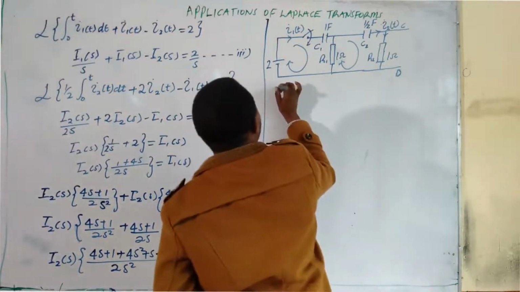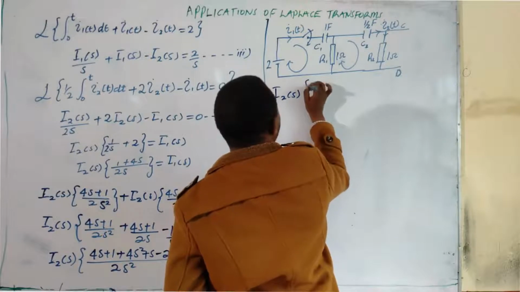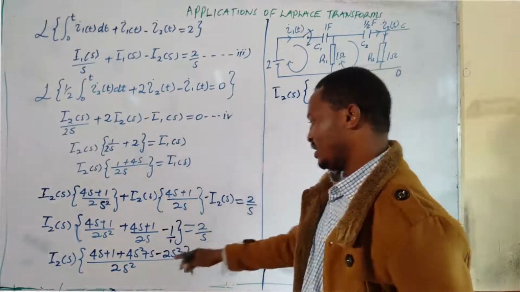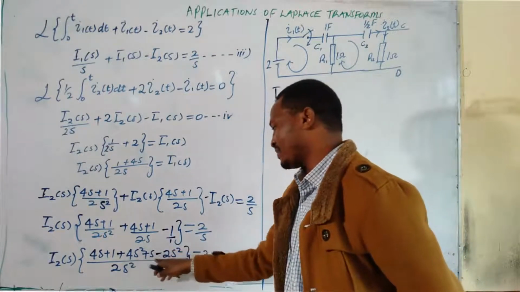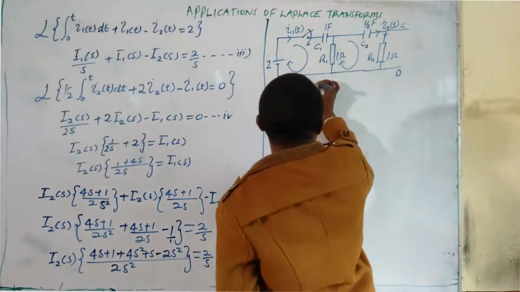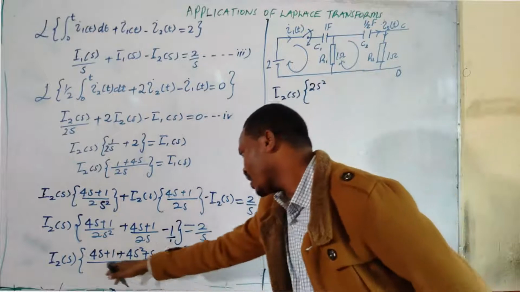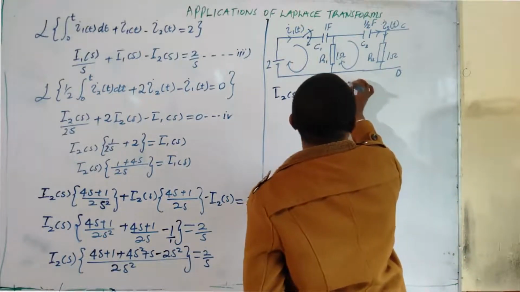I2(s) now is equal to, there is a bracket here, we need to first of all combine the terms. Let us start with the term with the highest power of s. You have 4s squared minus 2s squared, that is 2s squared. Here you have 4s plus s, which is 5s.